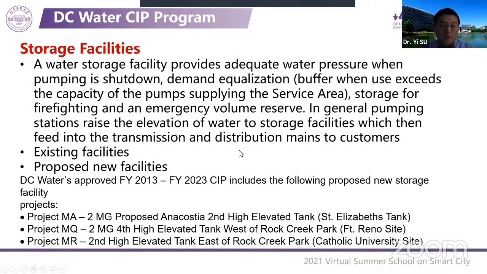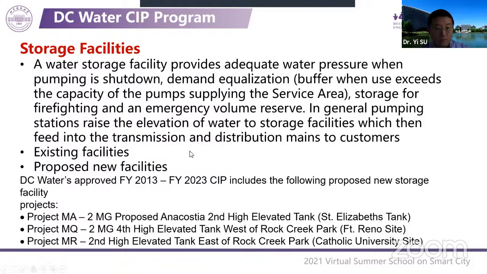And storage facilities. So those storage facilities provide adequate water pressure when pumping is shut down. That's their function. And then in general, pumping stations raise the elevation of water to storage facilities, which then feed into the transmission and the distribution system.